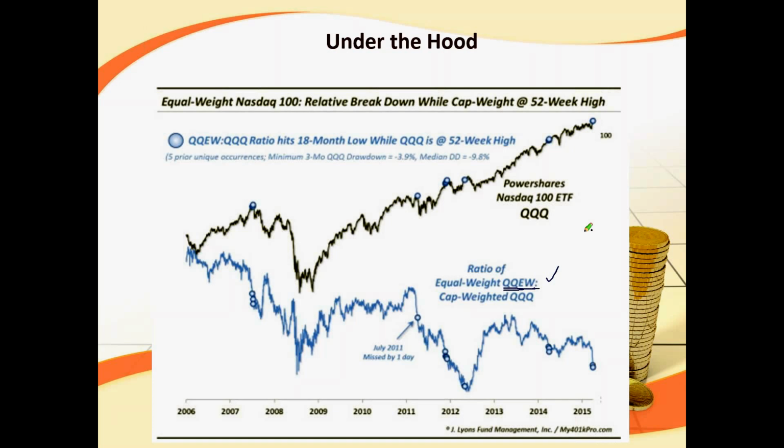Much like trying to look at the S&P 500 compared to the NYSE Composite, and there's a ticker symbol for the NYSE Composite also. Yep, that's NYA, I believe. NYA on the Thinkorswim platform.